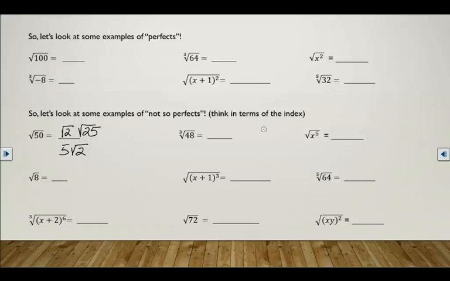All right? 8 times what will give you 48? Enunciate. 8 times 6. So the cube root of 8 times the cube root of 6. Now what's the cube root of 8? 2. 2 times the cube root of 6.